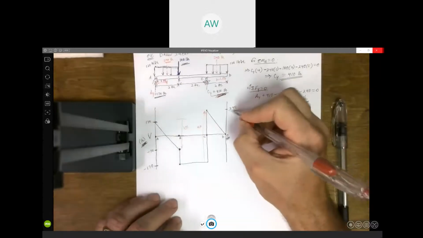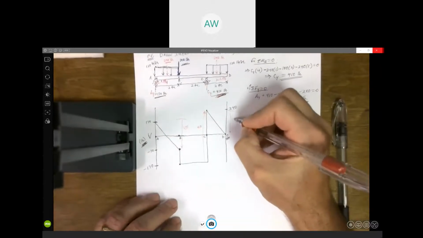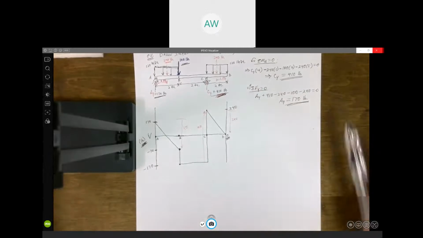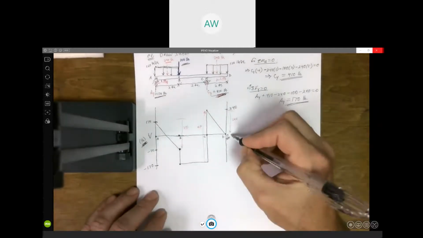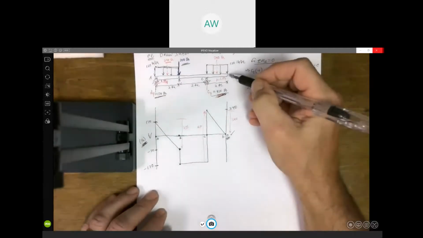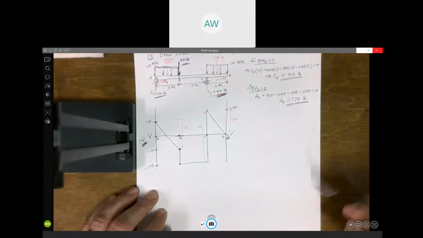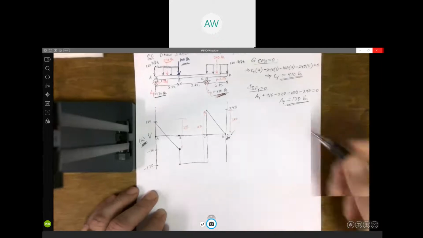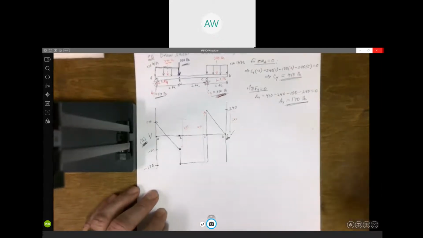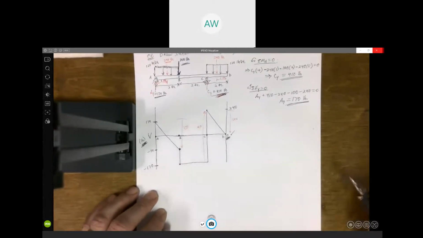Because again, here we're going down a total of 240. So if we were at 240, that puts me at 0. Well, the end of this beam is free. There is no shear force acting on that free end of the beam. So if we had not wound up at 0, we know we've made a mistake.